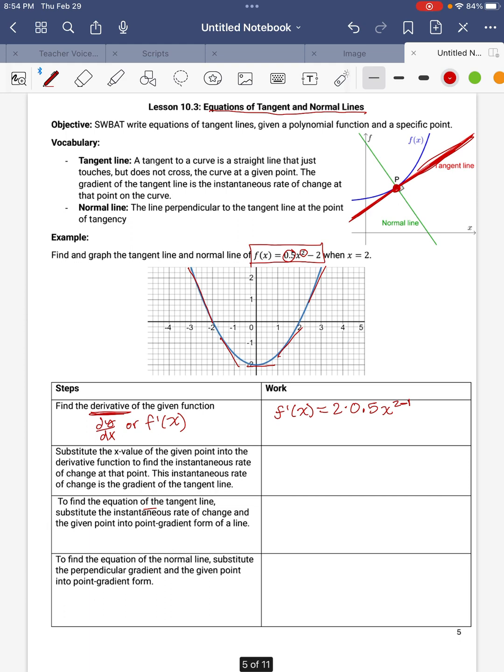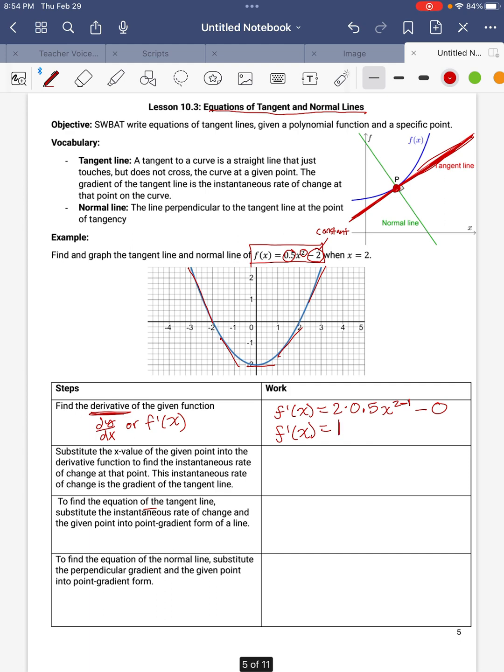And then this minus 2 term, this is a constant term. And if you'll remember from the previous lesson, a constant term just changes into 0 when we take the derivative. So let's simplify this. f prime of x equals 2 times 0.5, that's just 1.